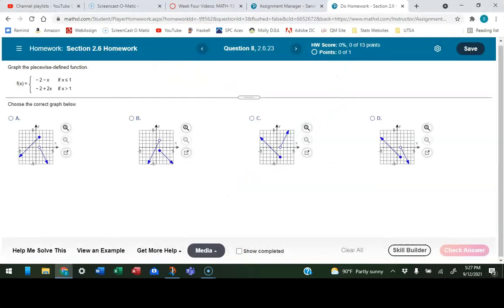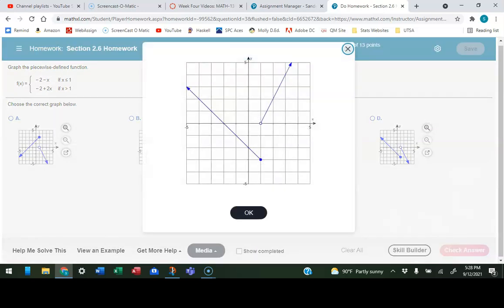So when I come back here, I know it's not A because he's moving up, and he should be moving down. I know it's not B because he's moving up, and he should be moving down. Okay? So I'm going to look at C, which is moving down, then moving up. And then I'm going to look at D, and D is both moving down.